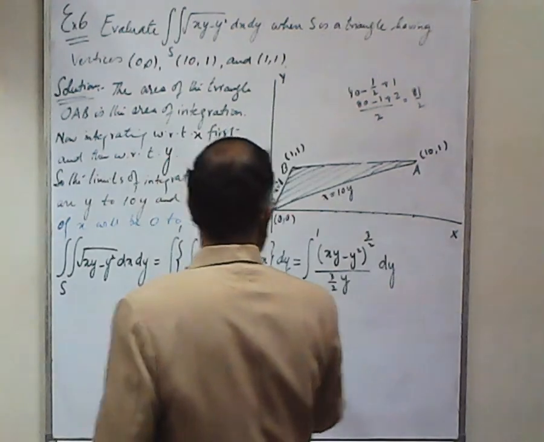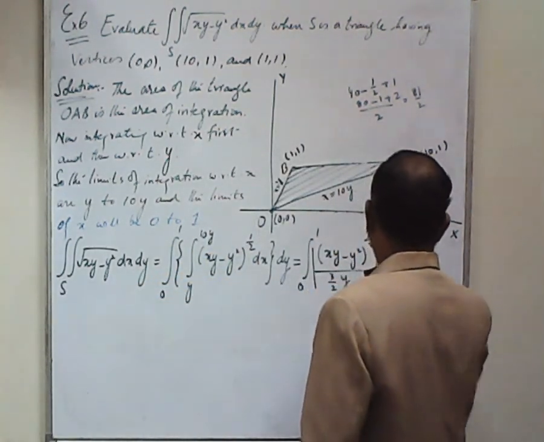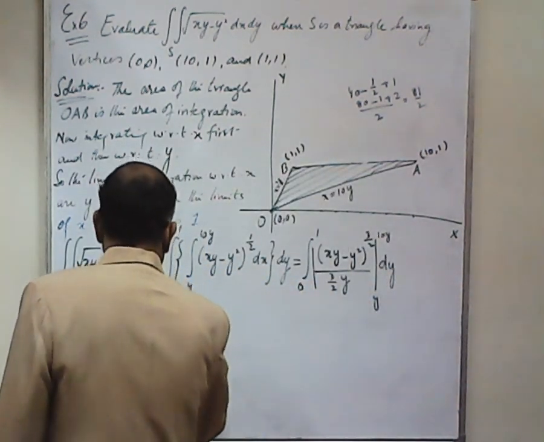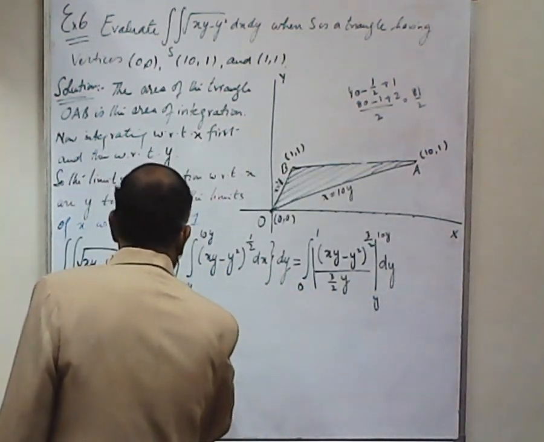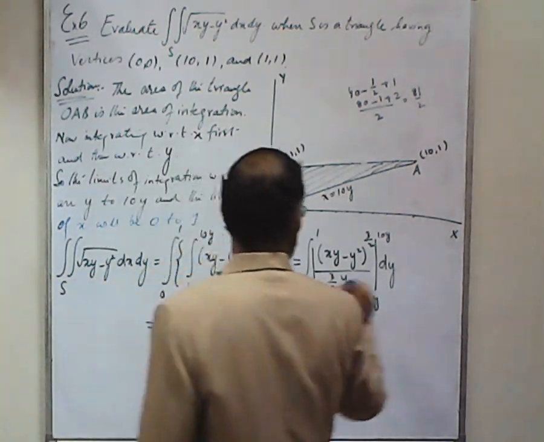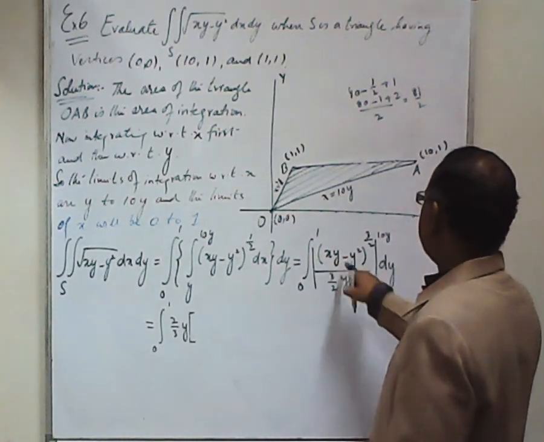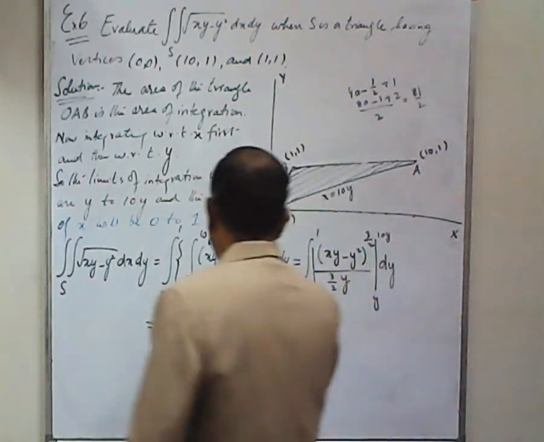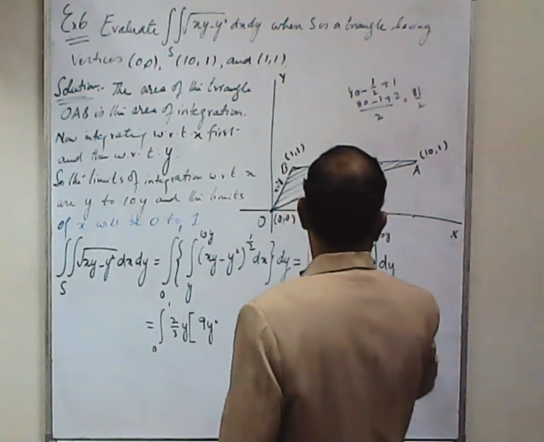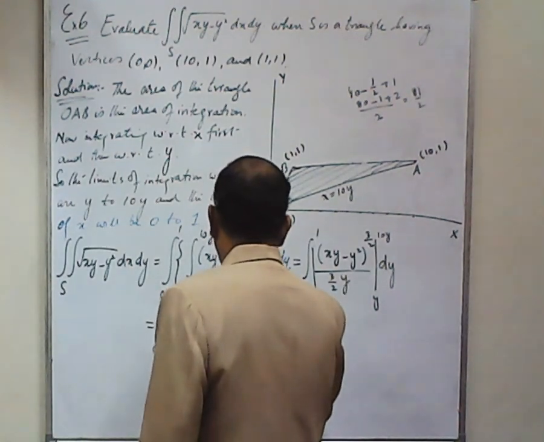Now we need to substitute the values. Values will be y and 10y. So now I have 0 to 1, 2 by 3y, and then 10y square minus y square, 9y square, and then y square minus y square 0, so 9y square whole power 3 by 2 dy.